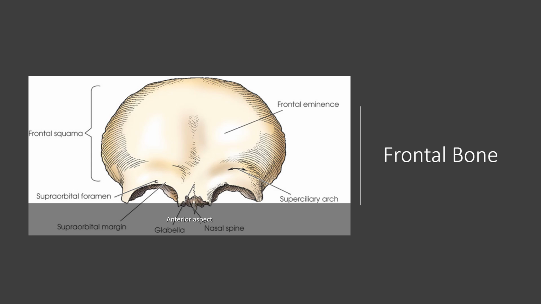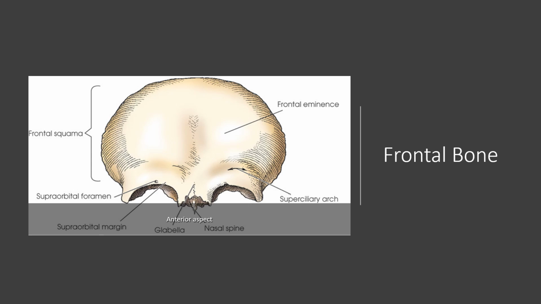And then the nasal spine and the nasal bone suture, of course, is in the middle, right at the nose. And then there's a divot on the glabella. There's a proud spot, and then there's a divot.